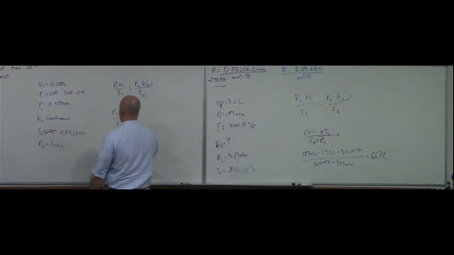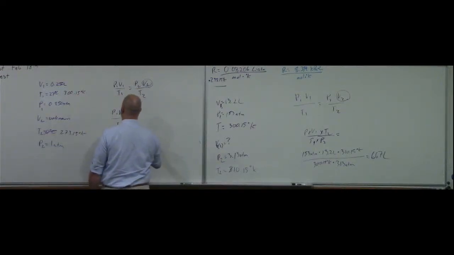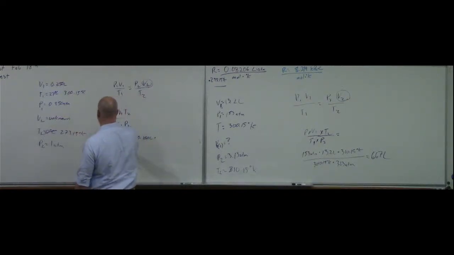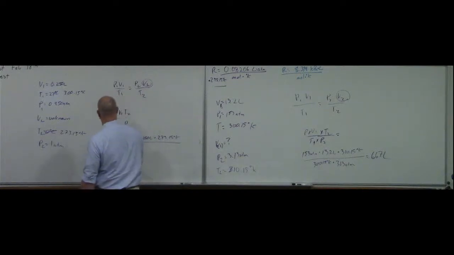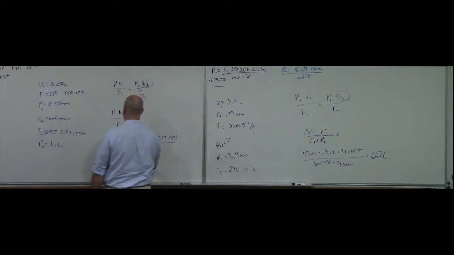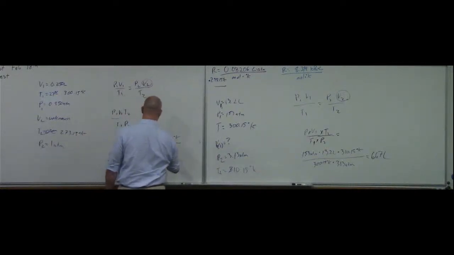So I now plug in my numbers and I get 0.850 atmosphere times 0.250 liters times temperature 2 is 273.15 degrees Kelvin. And I divide all that by T1 is 300.15 degrees Kelvin times pressure 2 is 1 atmosphere.